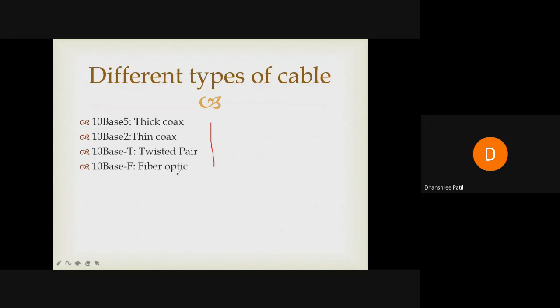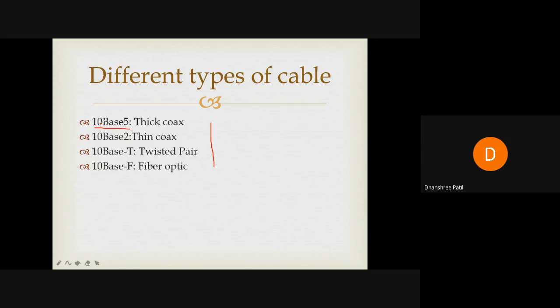Now there is a meaning for this 10 base 5, 10 base 2. For example, 10 base 5 means that it operates at 10 mbps. It uses a baseband signal, and it can support segments up to 500 meters.